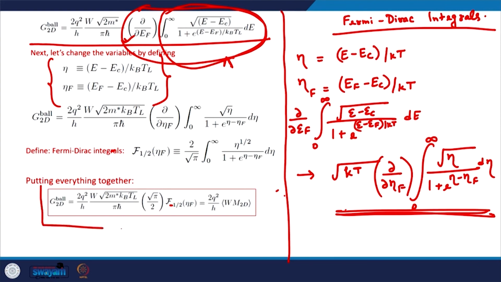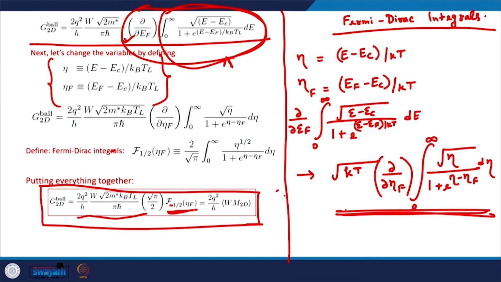So, finally, the conductance of a 2D ballistic conductor at room temperature will be given by a set of constants and a Fermi-Dirac integral of order minus half. Okay. I will let you think about this replacement of variables through which we obtained this Fermi-Dirac integral formulation, and I would recommend you to go back and look at the Fermi-Dirac integrals independently.